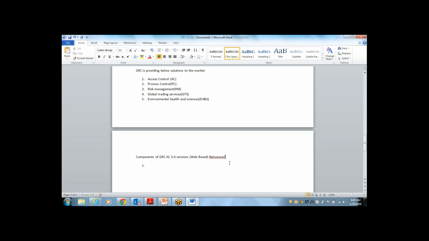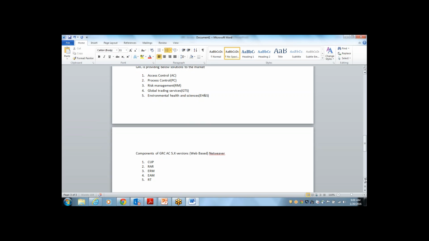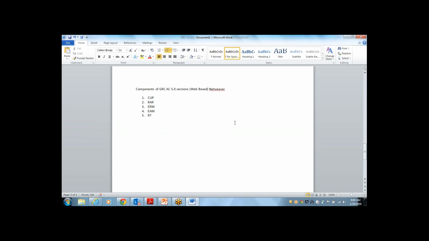The components we had are CUP, RAR, ERM, EAM, and RT. As usual, you guys know about these components in the 5.x versions. This is compliant user provisioning, this is risk analysis and remediation, this is enterprise role management.